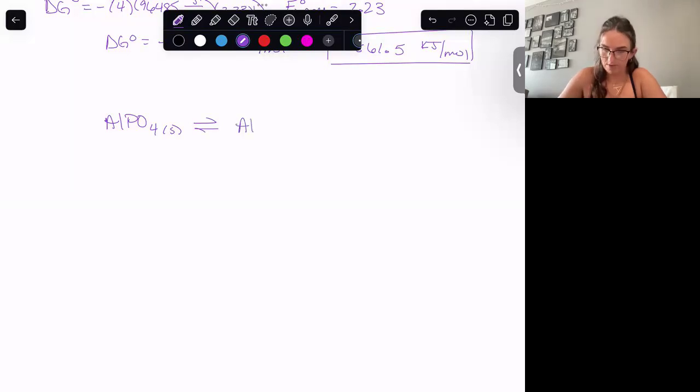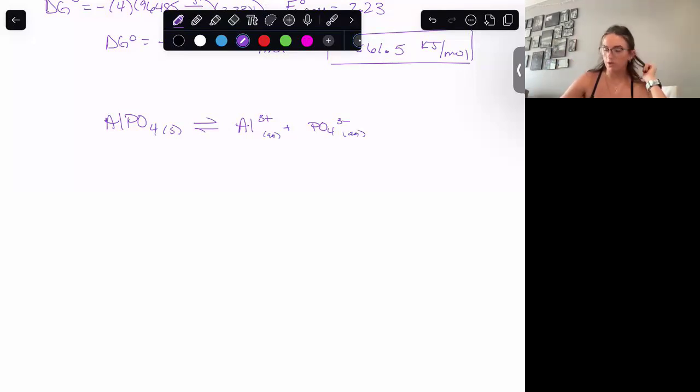Yep, we have Al 3 plus and PO4 3 minus. And PO4 is given to you in your solubility chart, so if you forget, you can always reference that. See that it's 3 minus. We see that we have a 1-to-1 ratio, so that means that aluminum has to be 3 plus. Okay, so these will be aqueous.